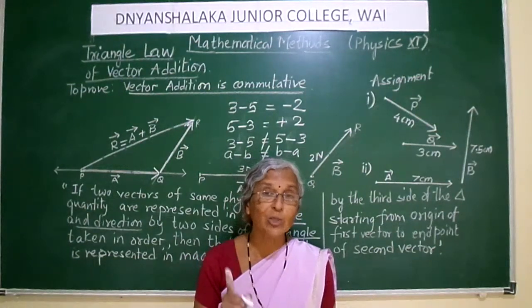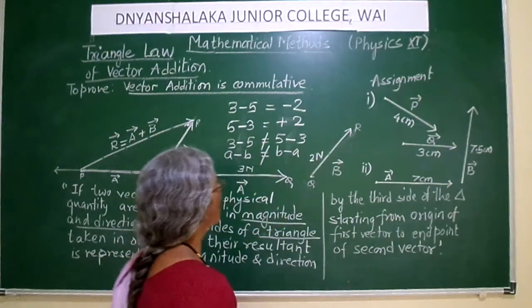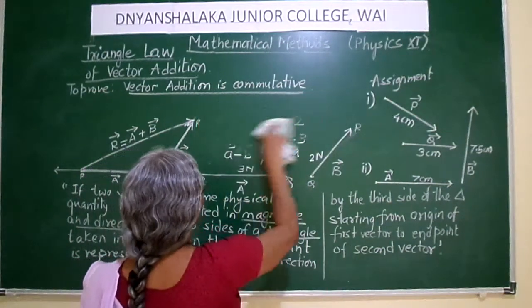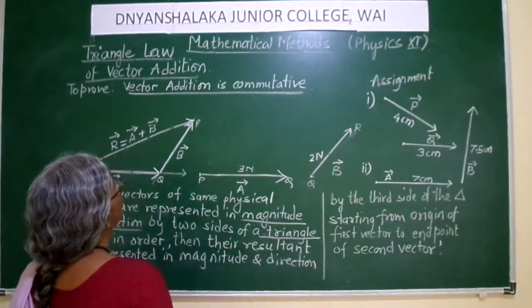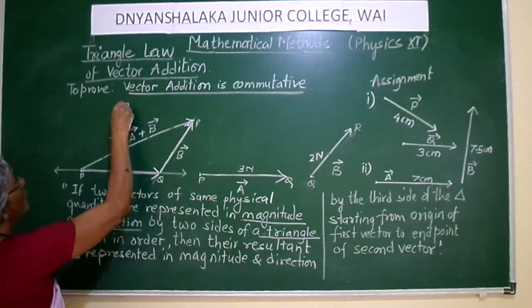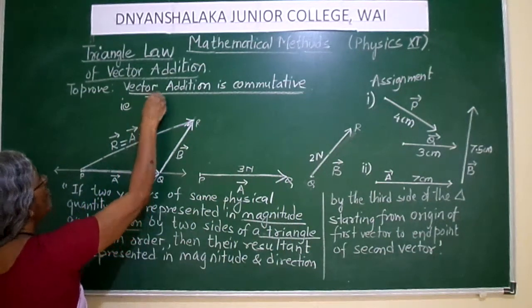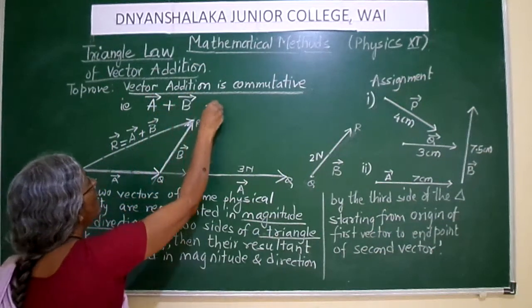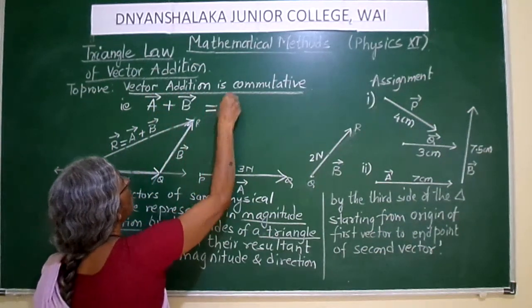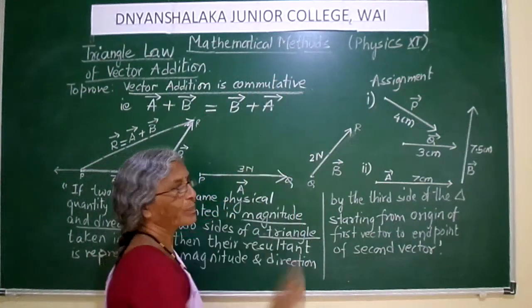Are you getting this point clear, students? Okay. So here we are going to prove that vector addition is commutative. That means what you have to prove is, if I take the same example over here, I have to prove that vector A plus vector B is equal to vector B plus vector A. Okay.